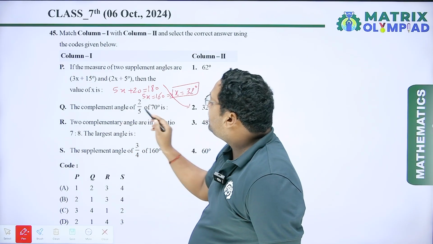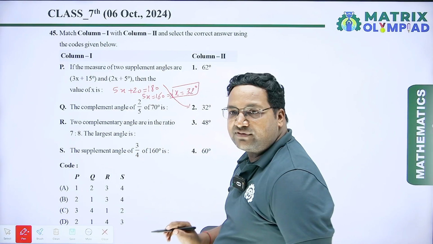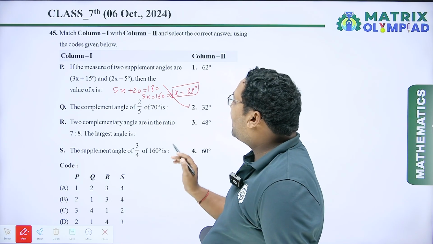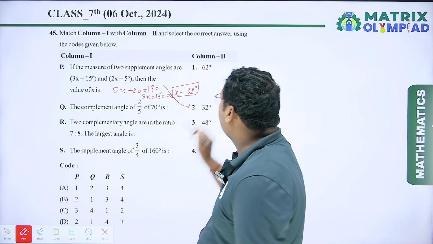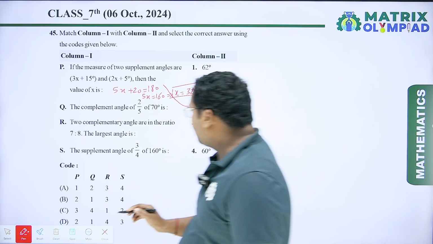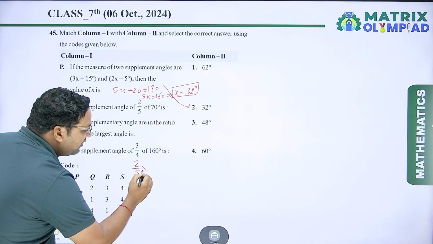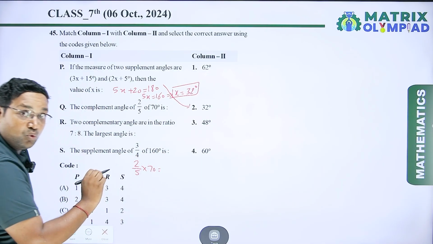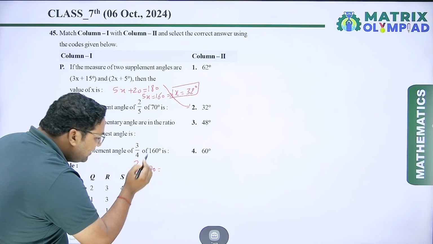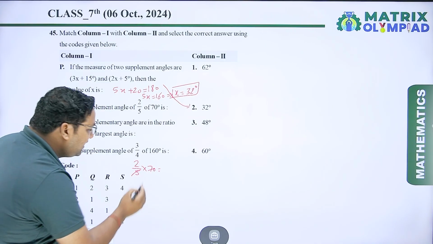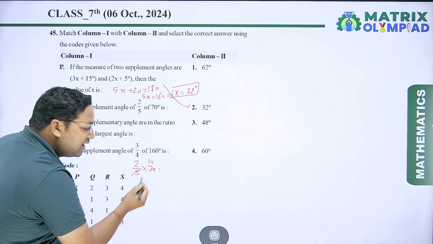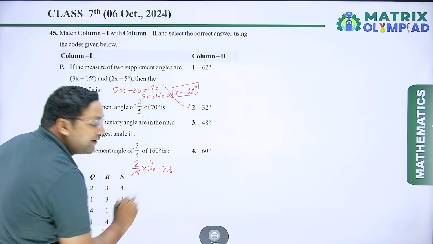Next is the complement angle of 2 by 5 of 70 degrees. First we have to calculate 2 by 5 of 70. 2 by 5 of 70 is equal to 70 divided by 5, times 2. So it is 14, and 14 twos are 28.